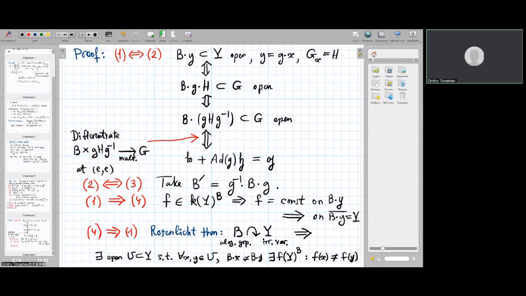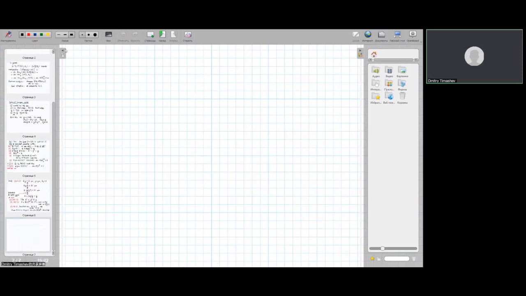And in our case, we apply this Rosenlicht theorem to our homogeneous variety Y. Assume that property 4 holds. This means that there are no non-constant invariant rational functions.